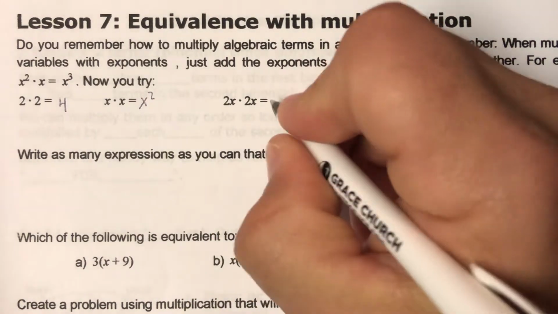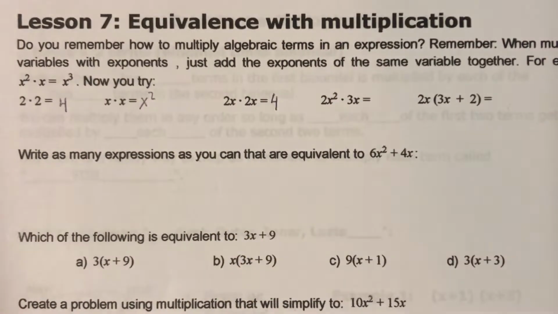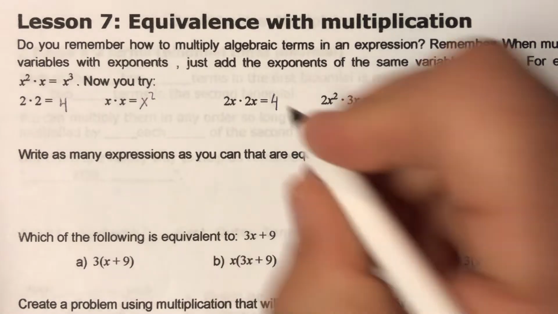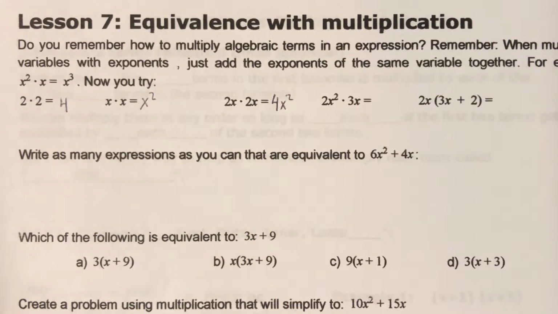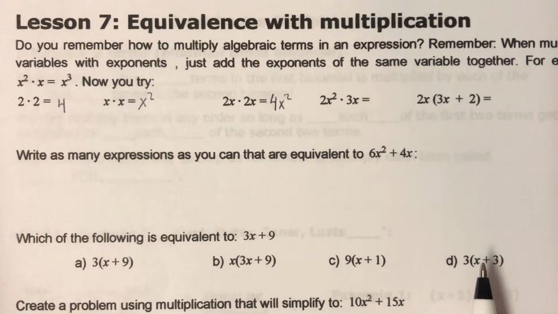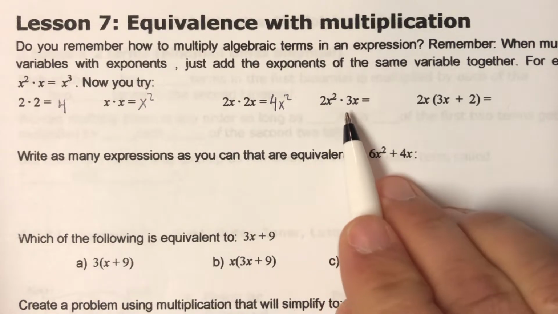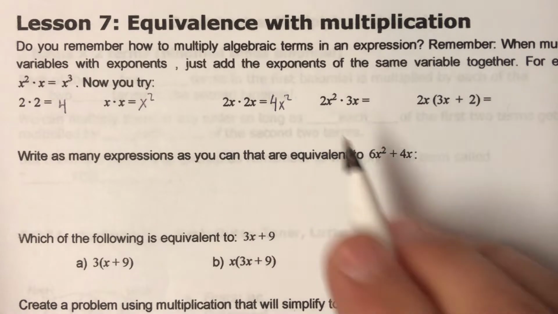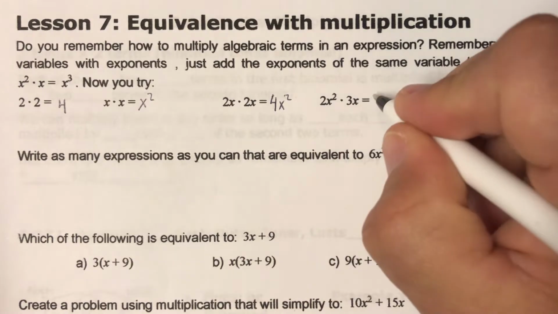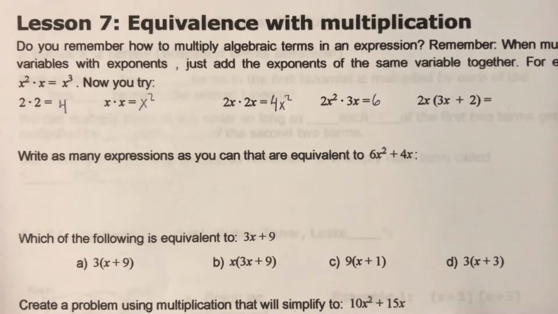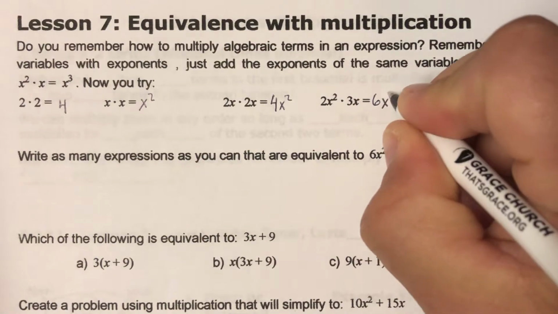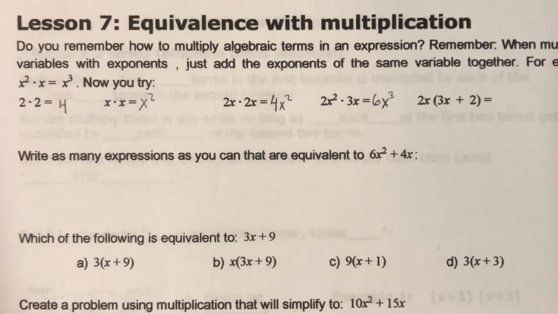So 2 times 2 is 4. And x times x is x squared. This one we have 2x squared times 3x. So 2 times 3 will be 6. And then x squared times x is going to be x cubed.